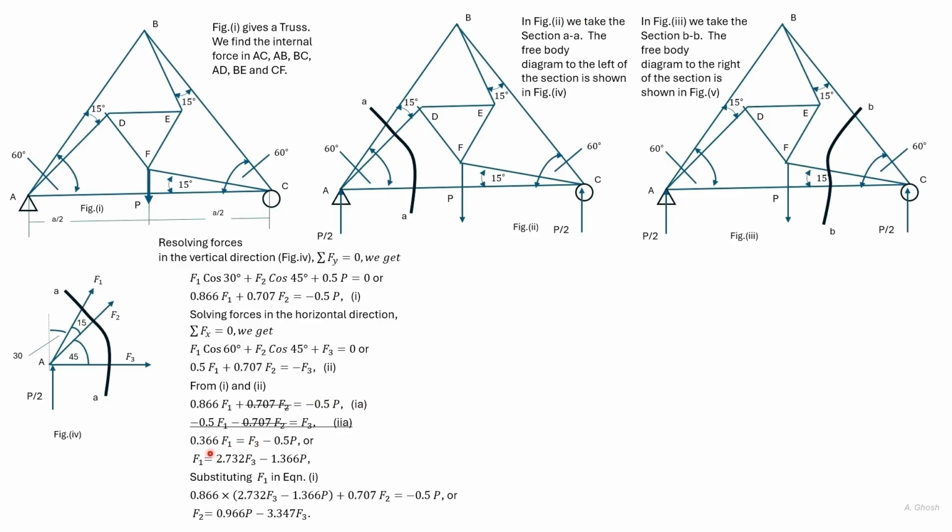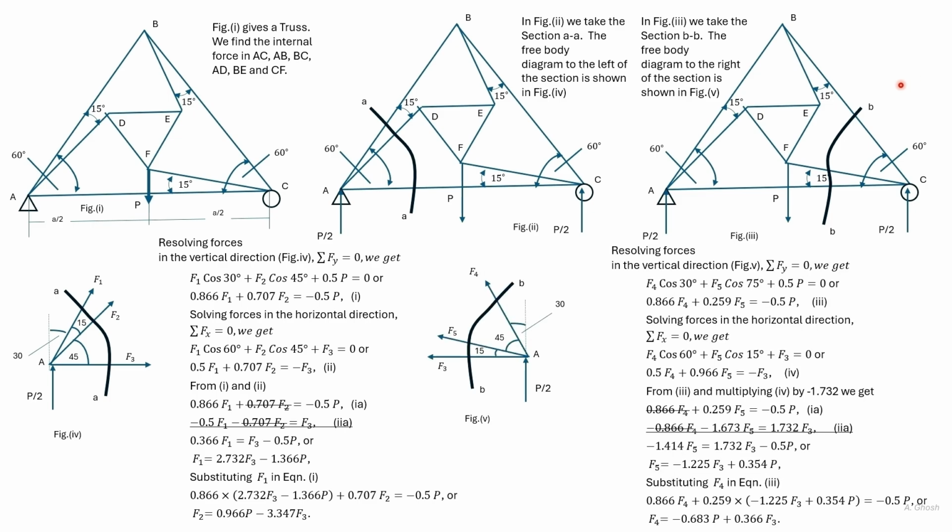We get a relation of F1 in terms of F3 and P. Now substituting this value of F1 in equation 1, we get F2 in terms of F3 and P.